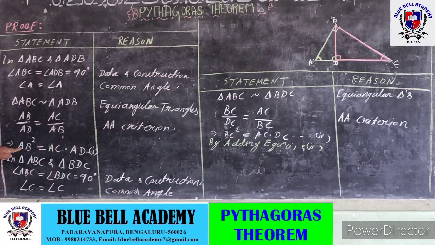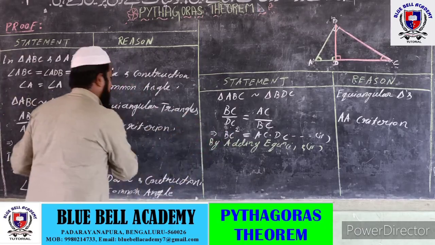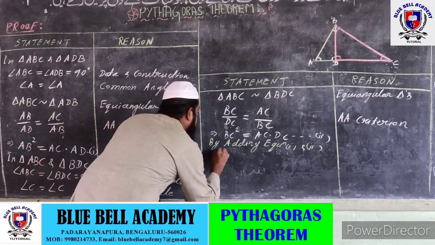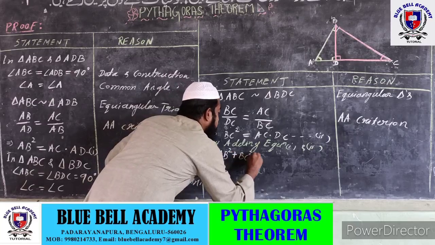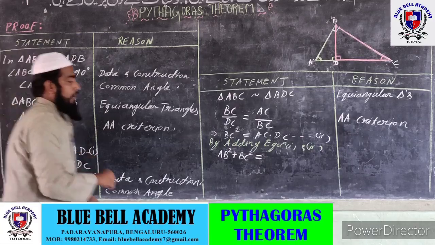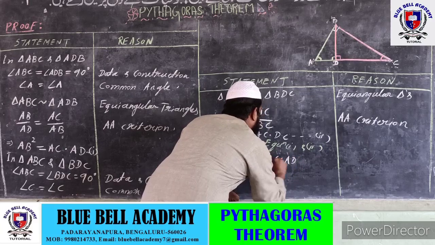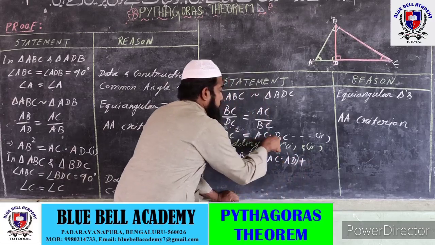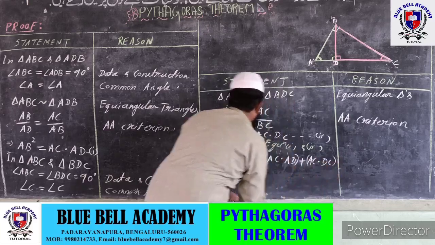So we have AB square plus BC square, both the left hand sides added together, is equal to AC into AD plus AC into DC.